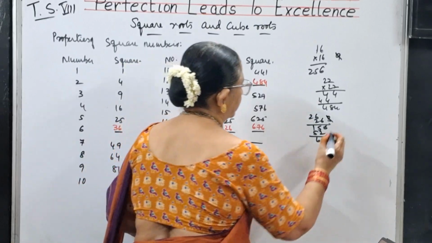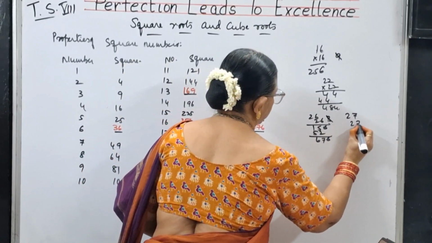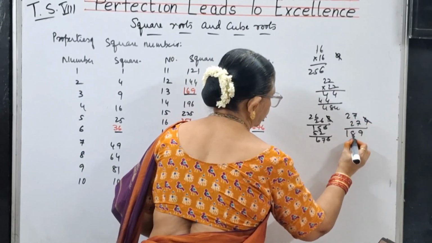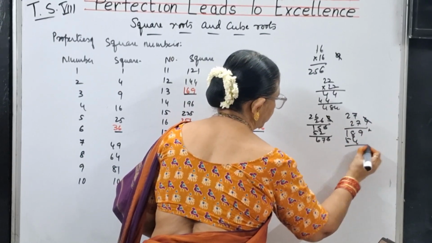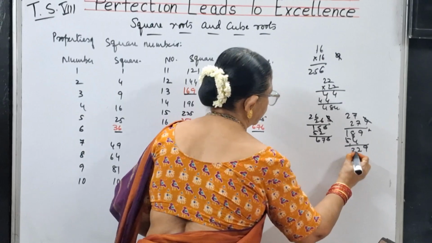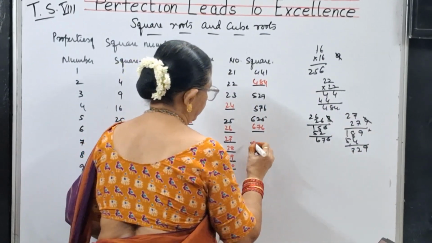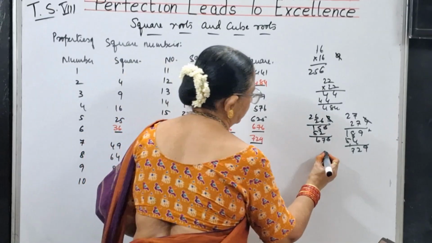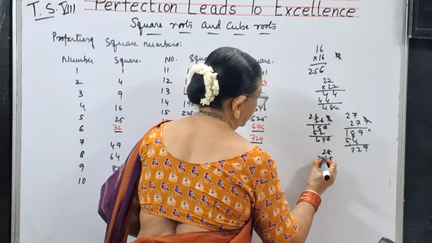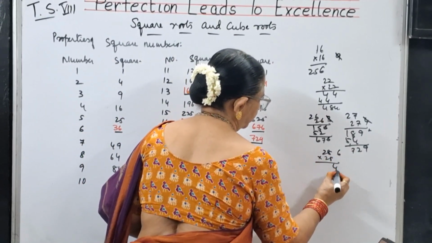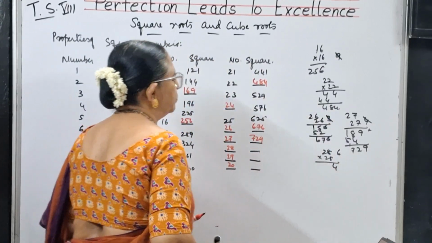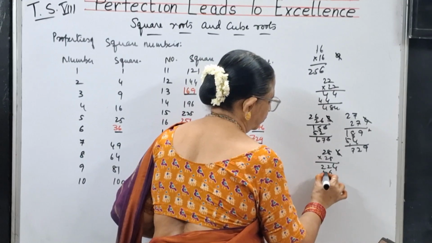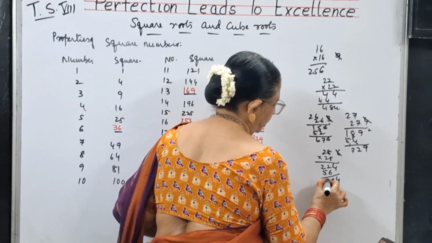Now 27. 7 sevens are 49, 2 sevens are 14, 2 2s are 4, 1, 5, 9, 12, 7, so 729. And 28, 28 into 28. 8 8s are 64, 8 2s are 16, 16 and 4 are 20, 2 8s are 16, 2 2s are 4, 1, 5, so 784.